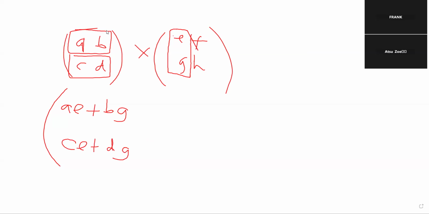Then if you want to take this side, and then you take the other one, A times F is AF, B times H is BH, so AF plus BH. The last one will be what? CF plus DH. CF plus DH.